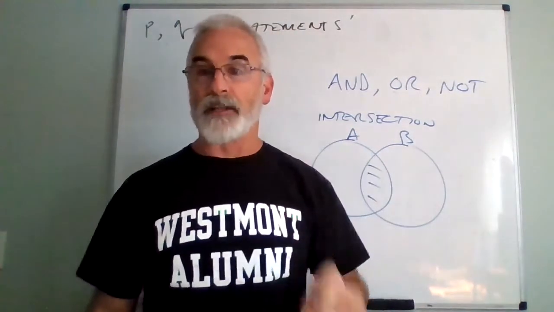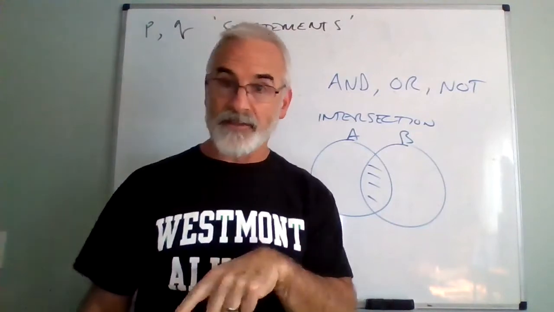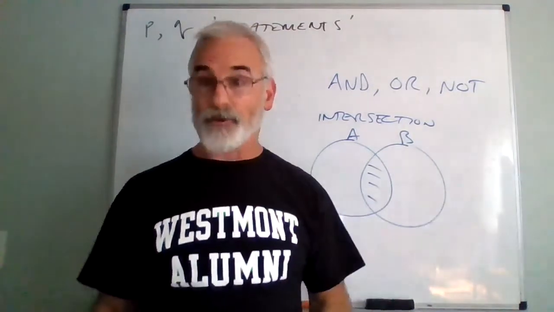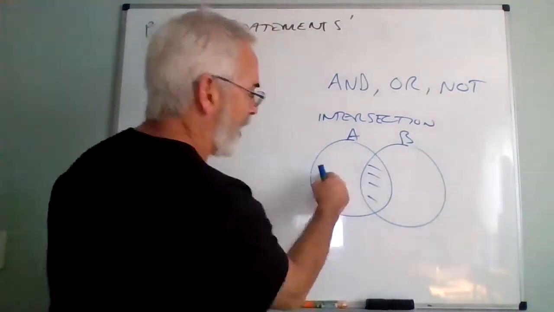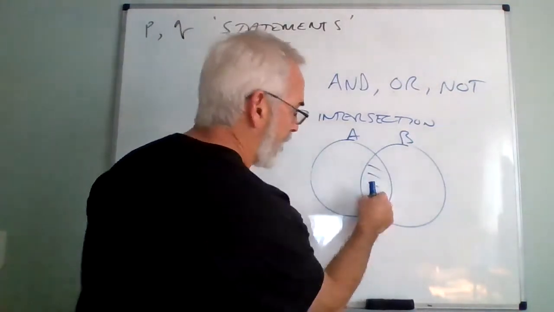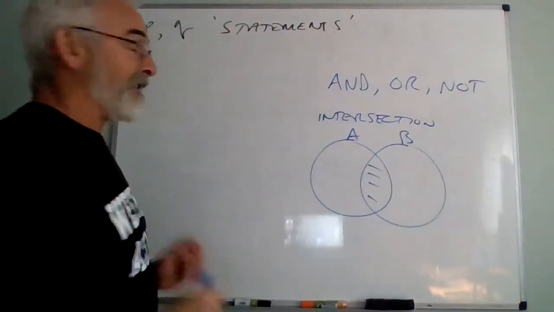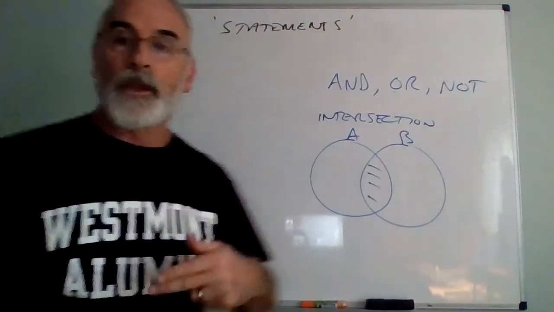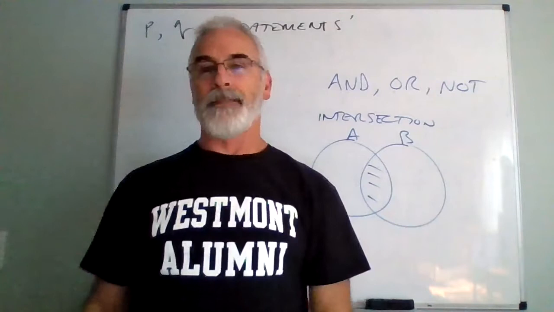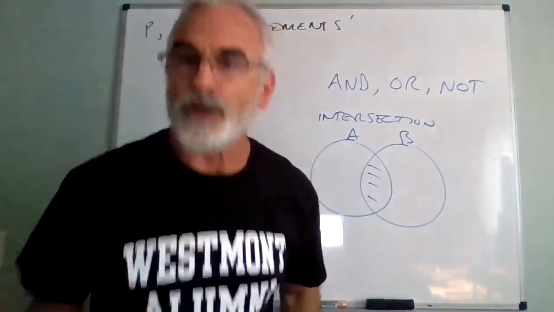And is absolutely exclusive, which means if any part of an and is not true, then the entire statement is not true. If I am over here, but I'm not in the intersection, then I'm not in B. I'm not in both of them. So that's what the and statement is. Now, or is very inclusive.